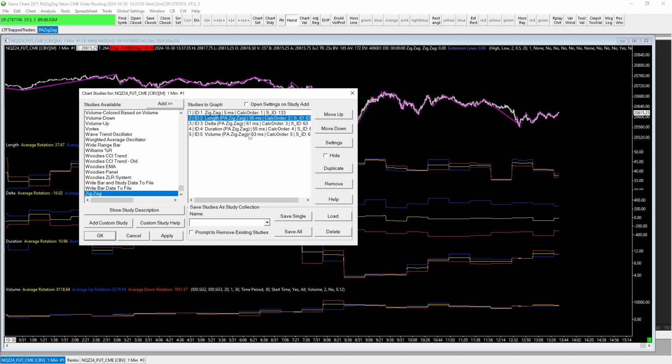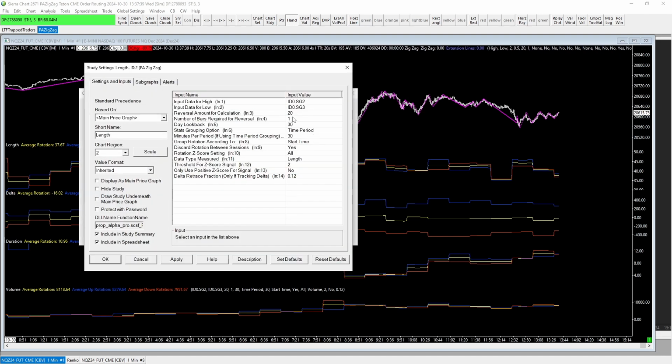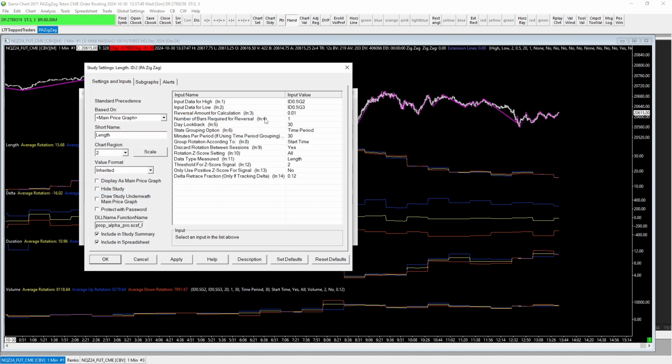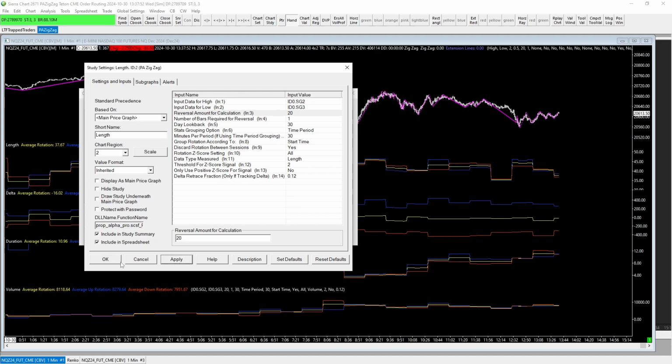So all of these I've sped up, and what will slow it down is if you move that reversal amount down to 0.01 here. This is going to get excruciatingly slow because it's going to pick up way more rotations than you probably want.